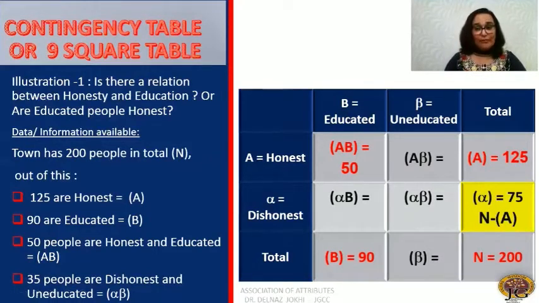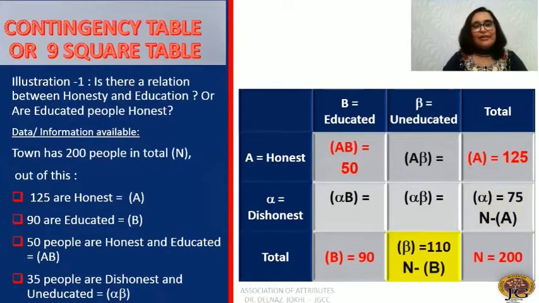So total number of people N minus A, where A is 125 honest people. So 200 minus 125. I am sure your calculator will also show you 75. That is how you start finding out all the missing frequencies one by one. There is no fixed rule here, you can start from wherever you want.